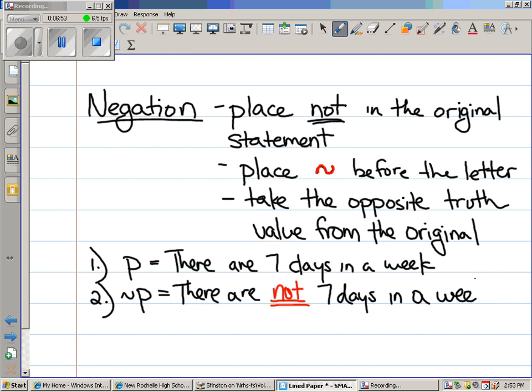Yep. Okay. And so then you can do crazy stuff like this, in that we can negate the negation. How do you even go about saying that?